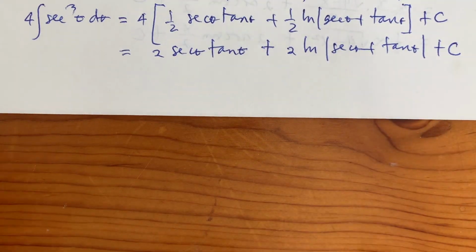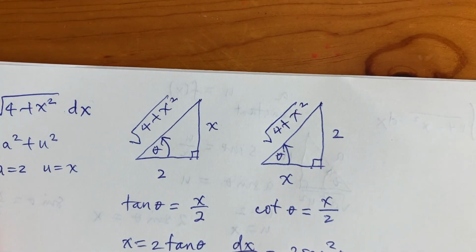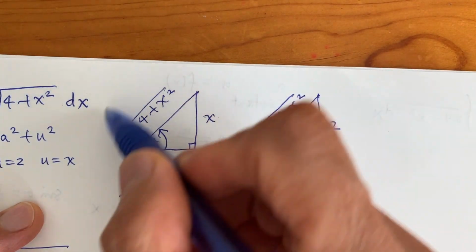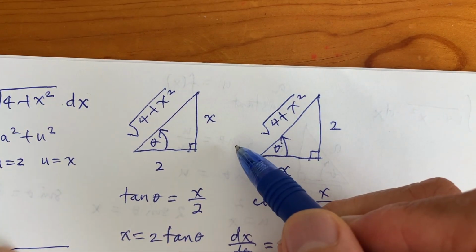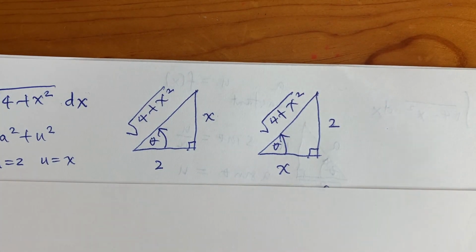So if you recall, our triangle was this, right? So we're using this form. So we're gonna use this triangle to rewrite our final answer. So let me copy our final answer.